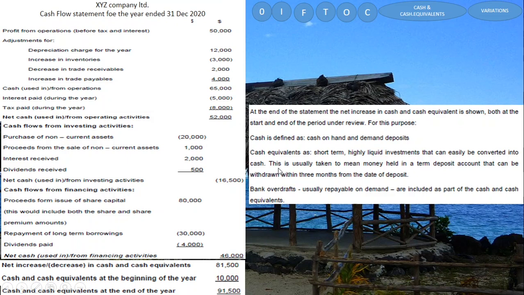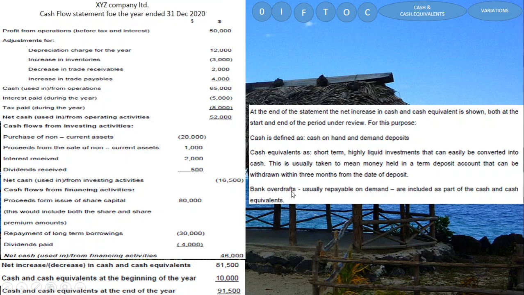This is usually taken to mean money held in a term deposit account that can be withdrawn within 3 months from the date of deposit. So anything that can be converted to cash easily, a highly liquid investment, is your cash equivalent. Normally the term deposit is taken as cash equivalent because it can be converted into cash within 3 months.